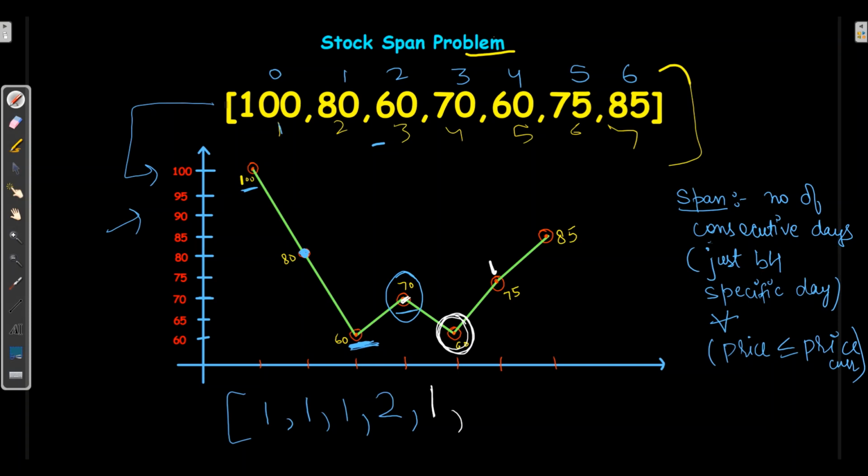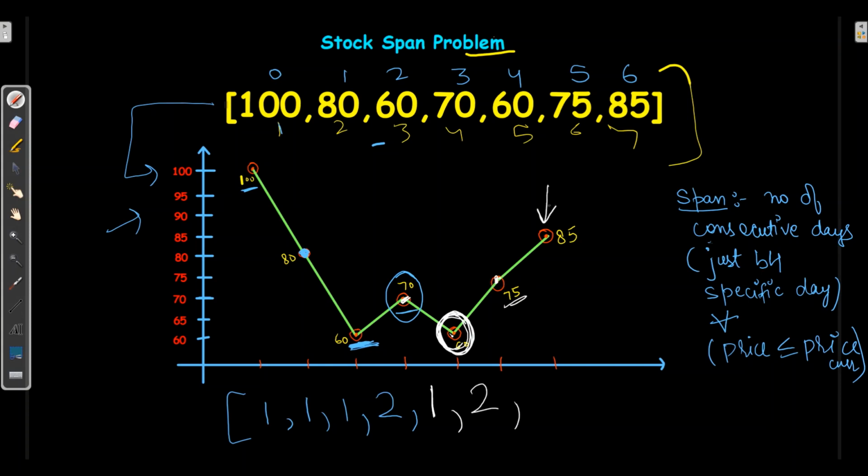Then for 75, the data left to it is 60, which is less than. And here, if I would have the stock price as 50, that would be in consecutive less than this 75. So it would have been 1 plus. Now for 75, here it will be 1 plus 1, 2.